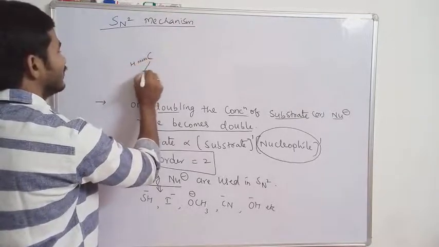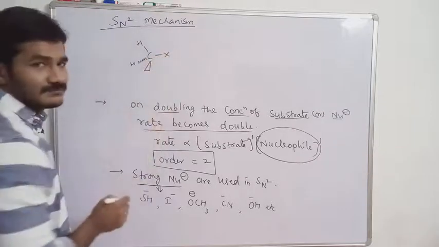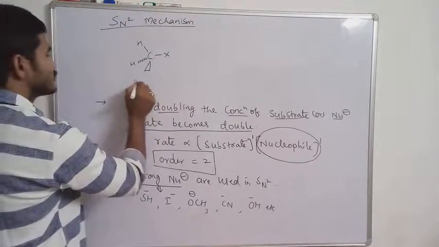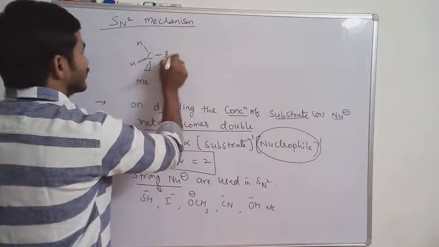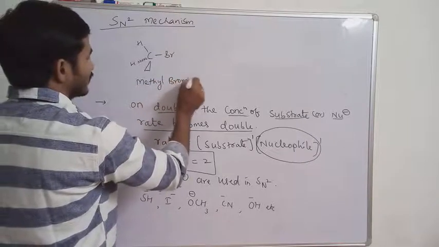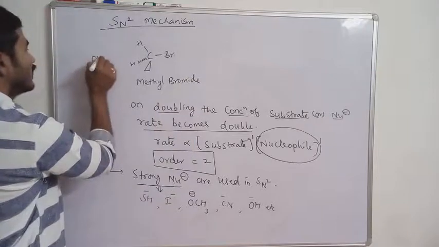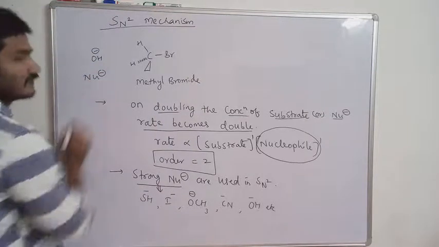This is methyl halide, and it is said to be the substrate. I am taking methyl bromide, and one nucleophile I am taking here. This is hydroxide. It is said to be a nucleophile.